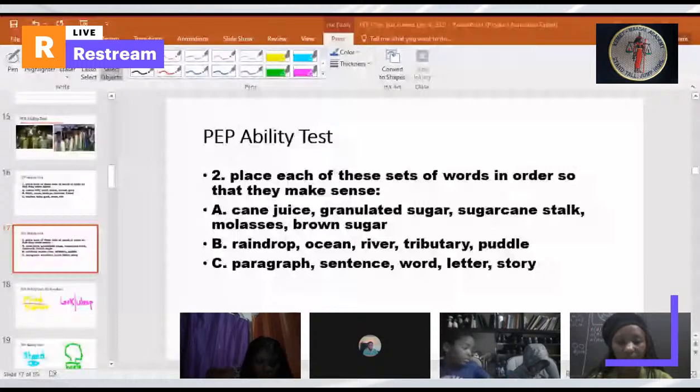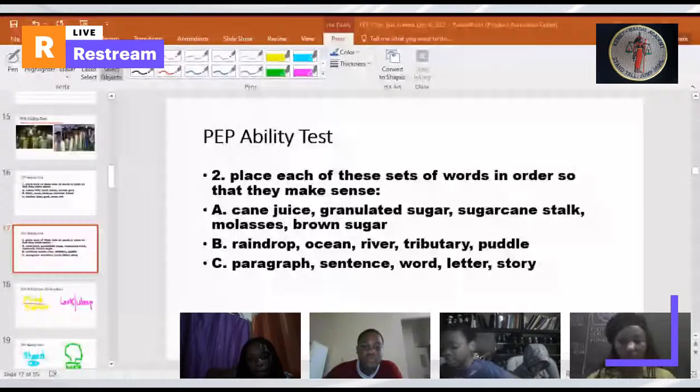He says raindrop, ocean, river, tributary, puddle. Which order could we put these in? Miss, what's a tributary?